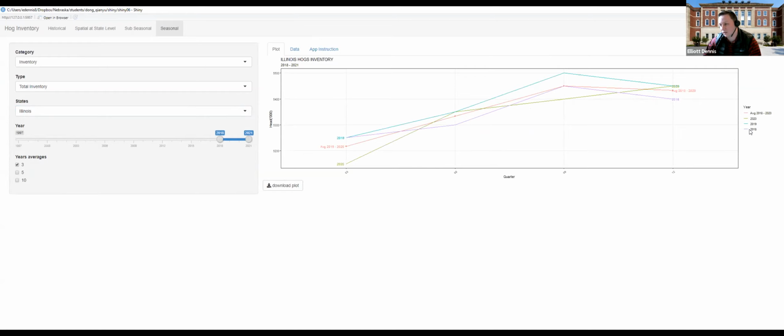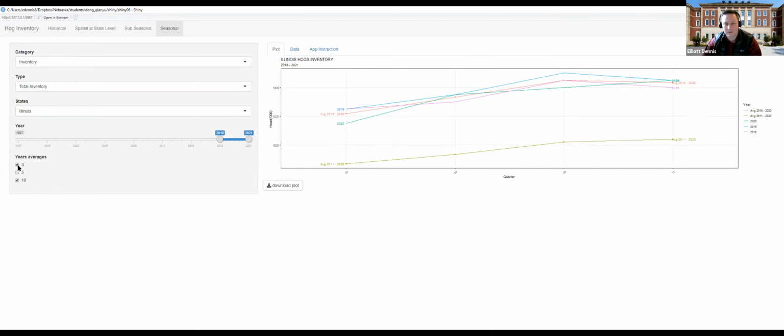This quarterly view allows me to combine all of those years through time and look at the specific quarters. So this purple line would be 2018 values, then 2019 values, and then I can look at a 3-year average, which is 2018 through 2020. And then I can basically choose the average that I want.